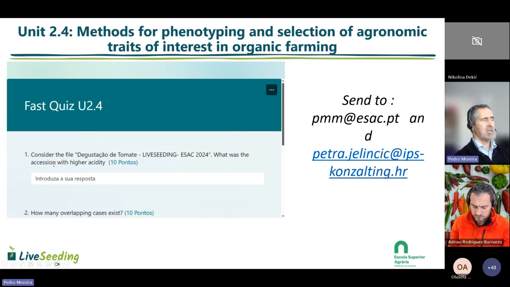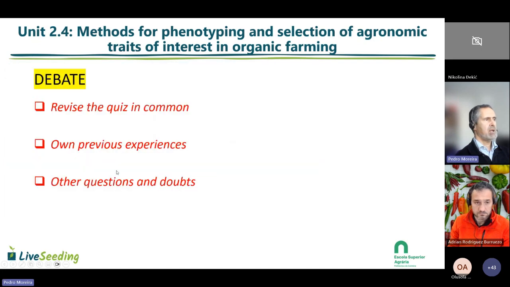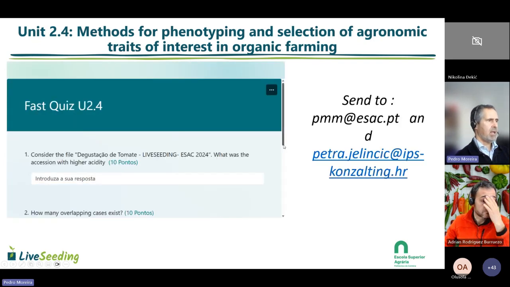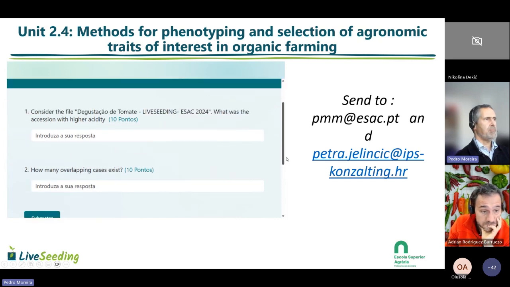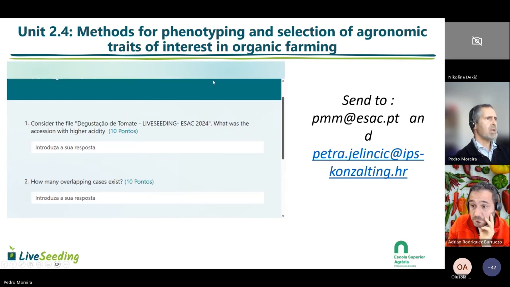What was the accession with the highest acidity? How many overlapping cases exist? It's one of the questions that you can use.